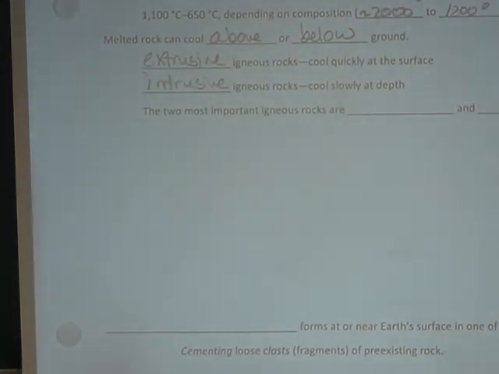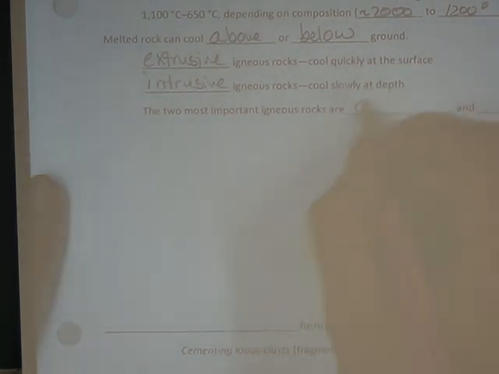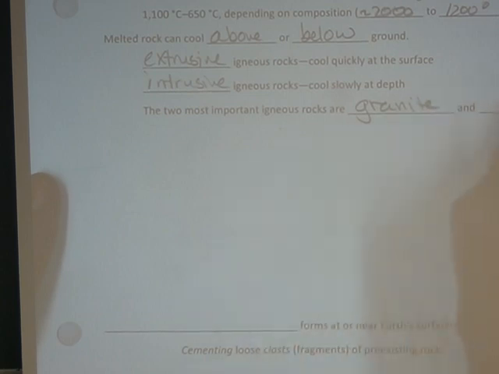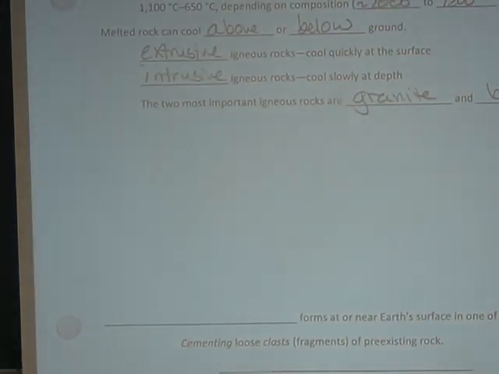Now, the two most important igneous rocks, at least when we're having a conversation about geology, are granite and basalt. Where do we find granite and basalt in Earth's system? Haven't really talked about the crust yet. Both of them are part of the crust. Where do we find more granite in the crust?